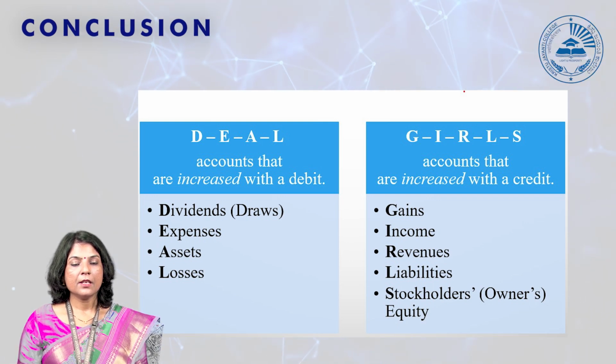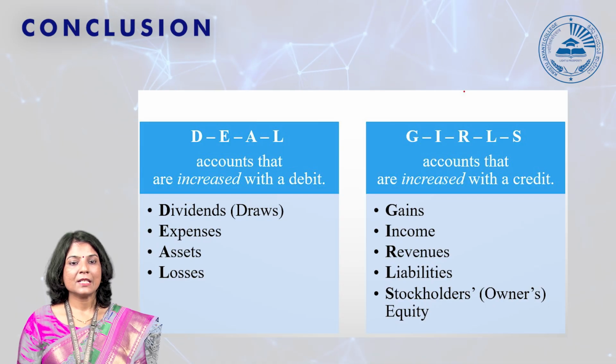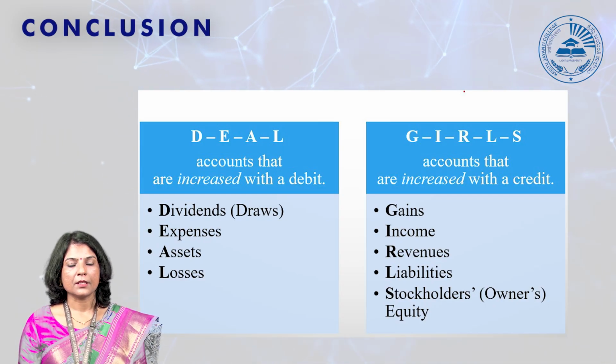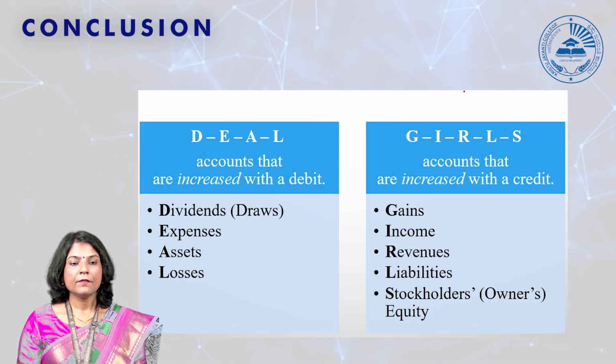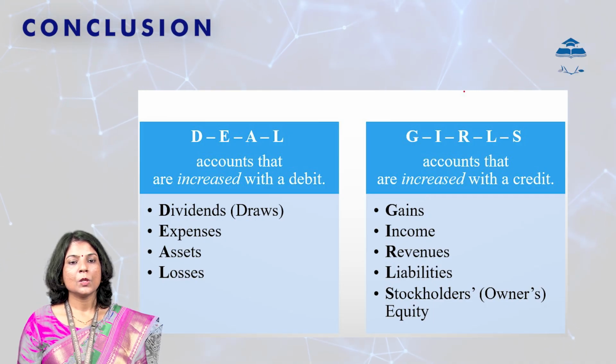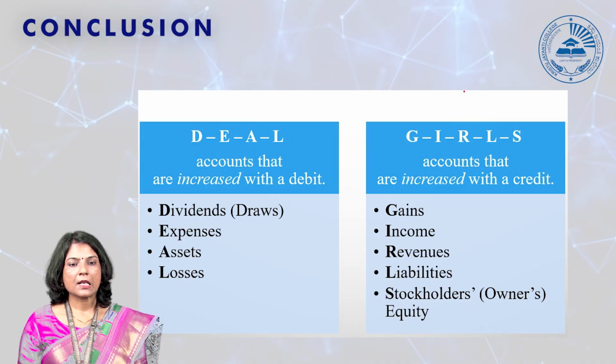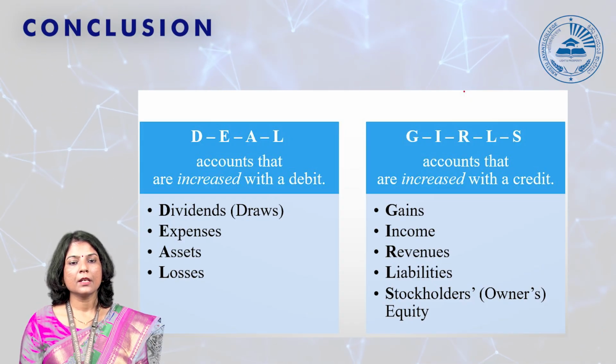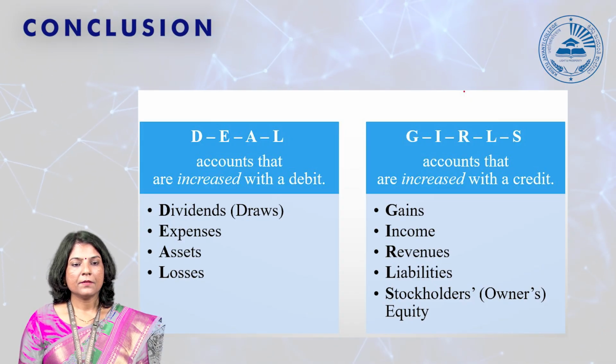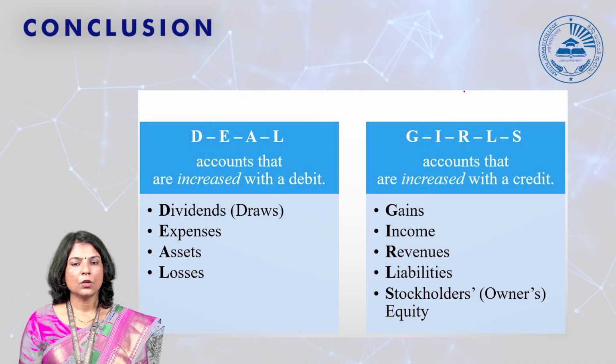If any of these accounts increase, the increase is represented with a debit amount. So DEAL accounts are increased with a debit: dividends, expenses, assets and losses.